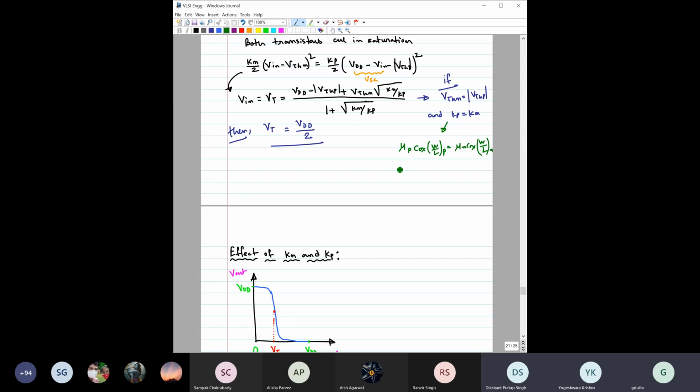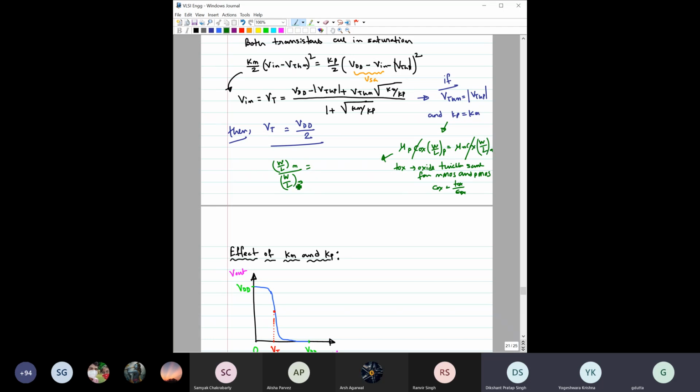If the oxide thickness Tox is the same for NMOS and PMOS, then Cox, which is epsilon ox by Tox, would also be the same. So Cox would cancel out. And if you now take the ratio of W by L of this NMOS and W by L of this PMOS, then you see what you will get.